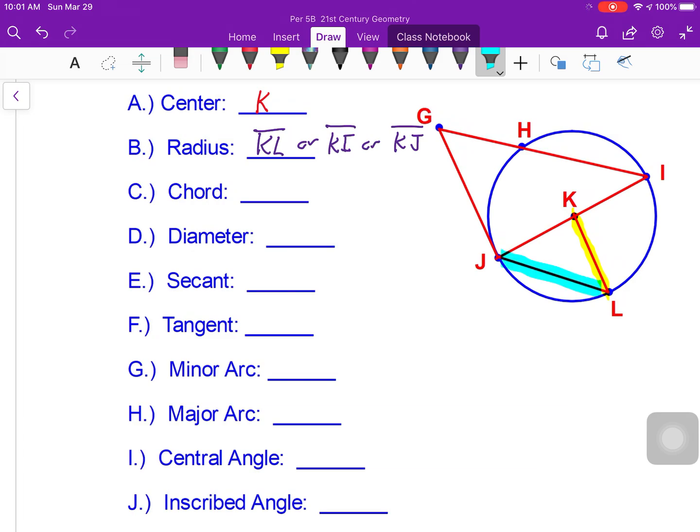A chord. Now, a chord has to be a segment with endpoints on the circle. So the one I just highlighted there would likely be our best choice for a chord. So it would be JL. Now, there's a second one that we could have used as a chord. It would be HI.